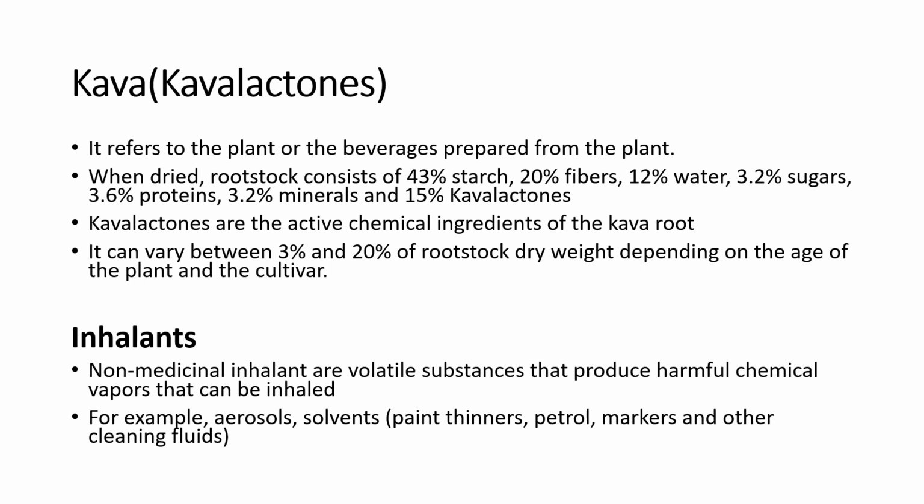Kava-lactones are the active chemical ingredients of the kava root. It can vary between 3% and 20% of rootstock dried weight depending on the age of the plant and the cultivar.